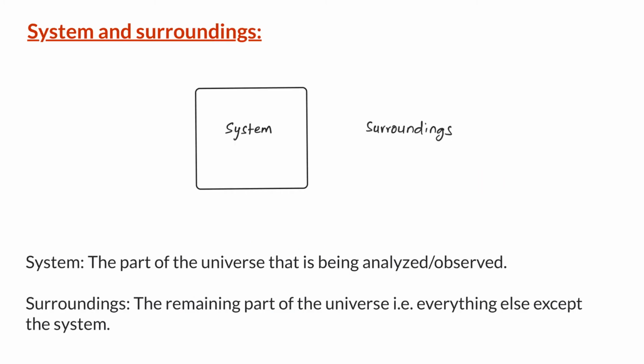System is the part of the universe that is being analyzed or observed. Surroundings is the remaining part of the universe, that is, everything else except for the system. The system and the surroundings together form the universe.